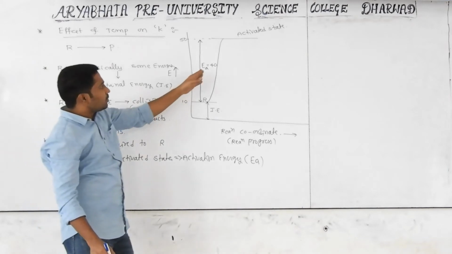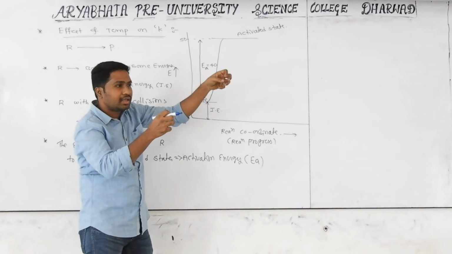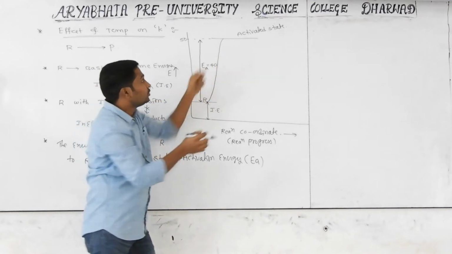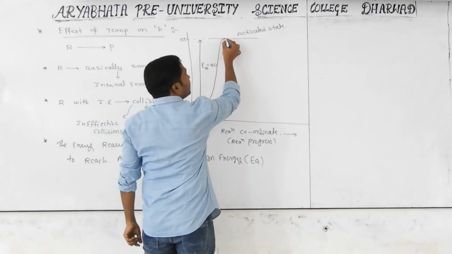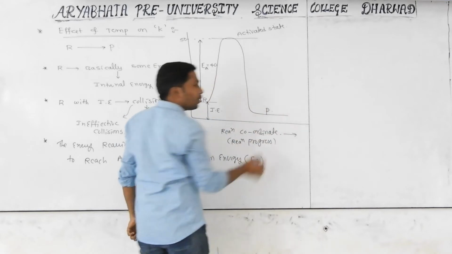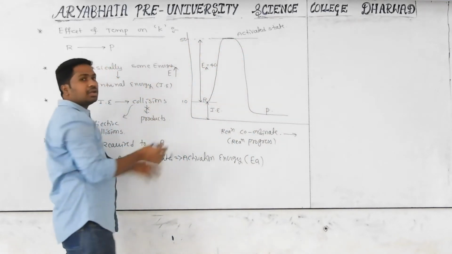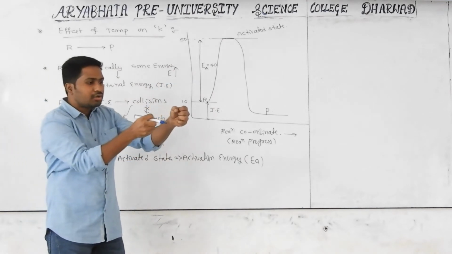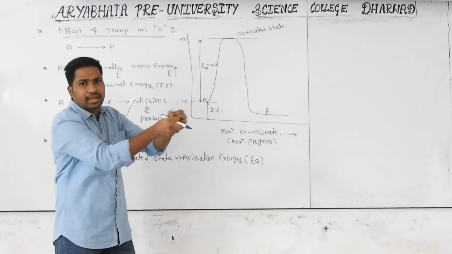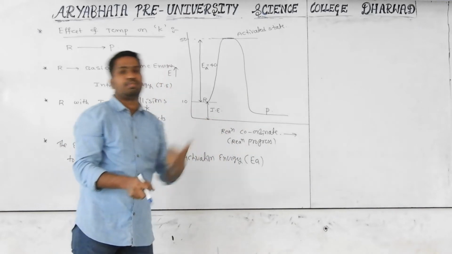After absorbing that energy they go into a higher energy state. Then what happens with that higher energy? They are involved in collisions again. Definitely those collisions will convert reactants into products. Why? In that activated state, reactants have too much energy. If molecules collide like this, is there any chance of breaking? Yes, definitely chances are there to break the reactants and convert them into products.